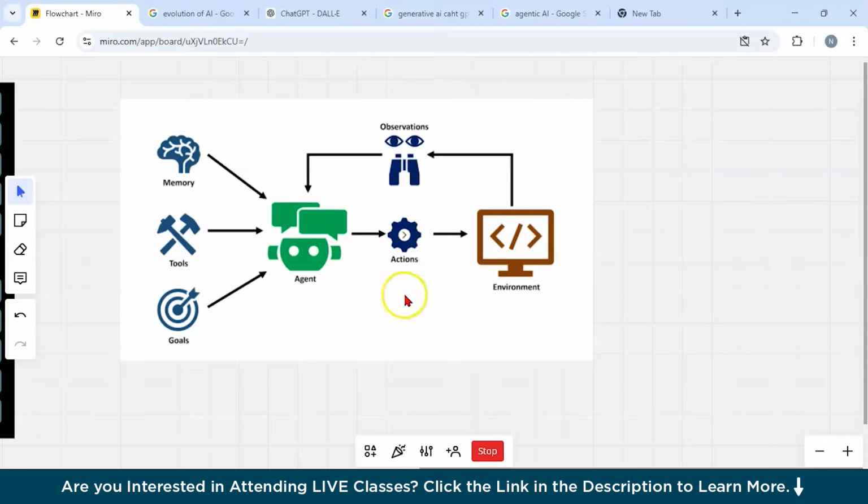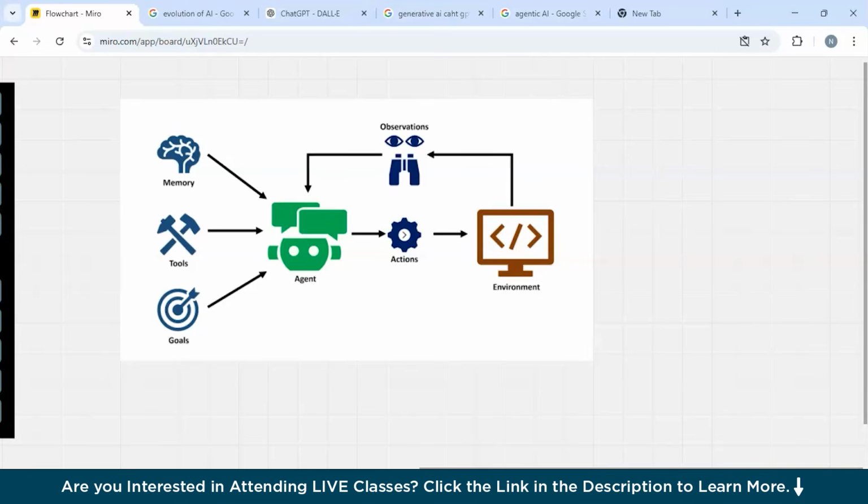Now here it is going to make autonomous decisions, and the output we get will be kept in observation by this agent. Basically, it is going to analyze the current warehouse stock, predict demand for the next quarter, check the suppliers' availability, and automate the restocking if inventory is below the given threshold.